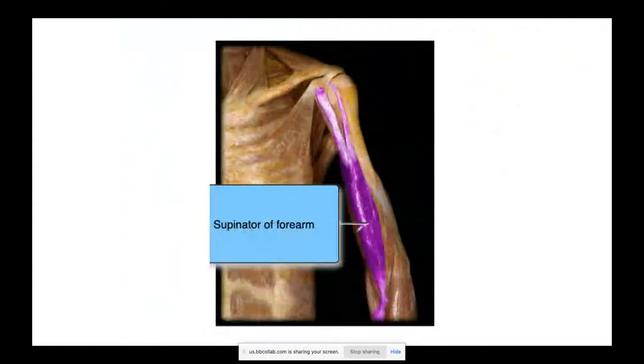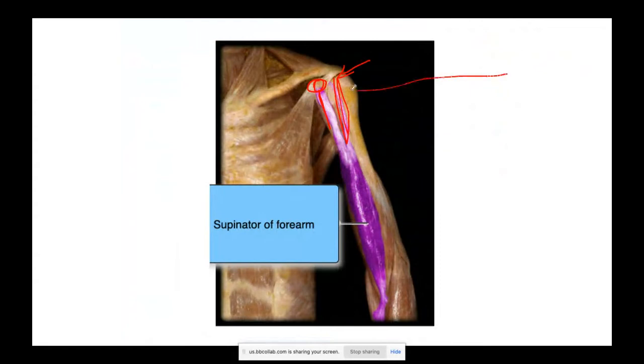Okay, what's highlighted here? Biceps brachii. This is the long head, and this is the short head. Short head originates on the coracoid process. Long head goes through the bicipital groove, and that originates on the supraglenoid tubercle. So what is the action? Well, it's got a few actions.